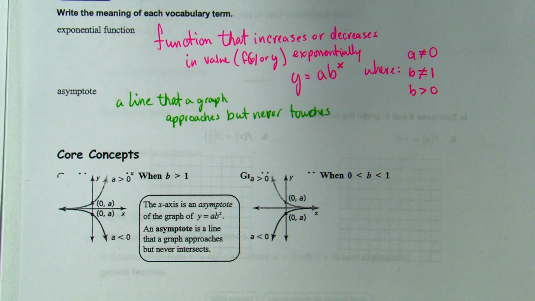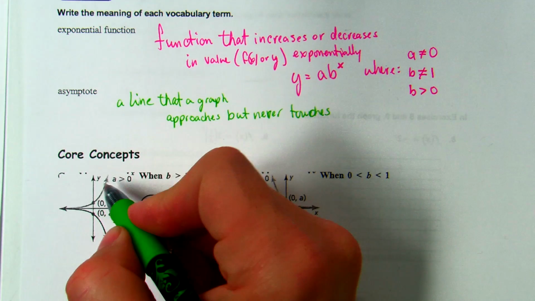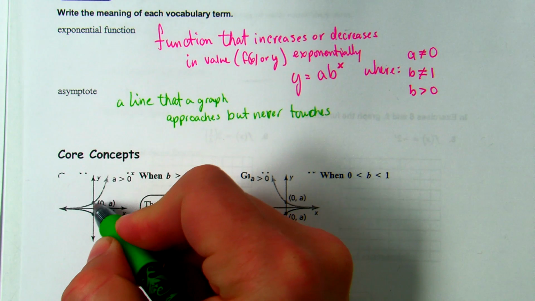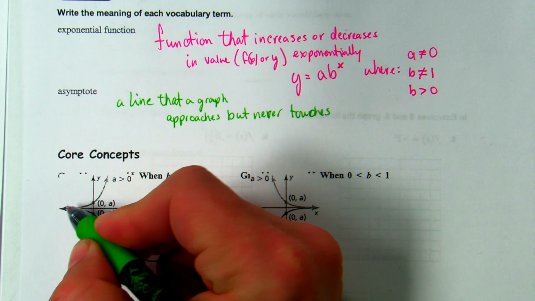And the next time you look, it's getting a little closer, 0.00000000001, and the next time a little closer still. But it's never going to actually be 0. It's just getting closer and closer to the 0 value, but never actually being 0. All right, so that is what an asymptote is. It's a line that the graph is approaching but never actually reaches or touches.